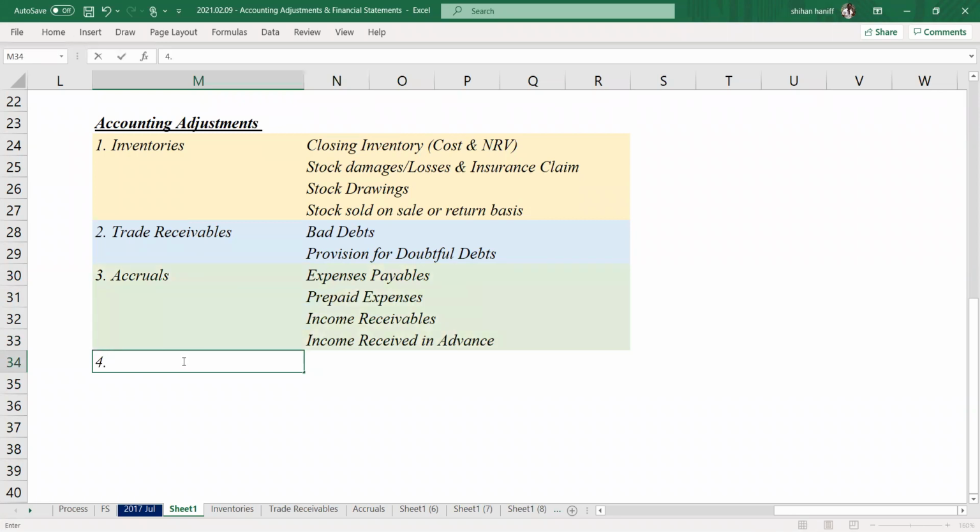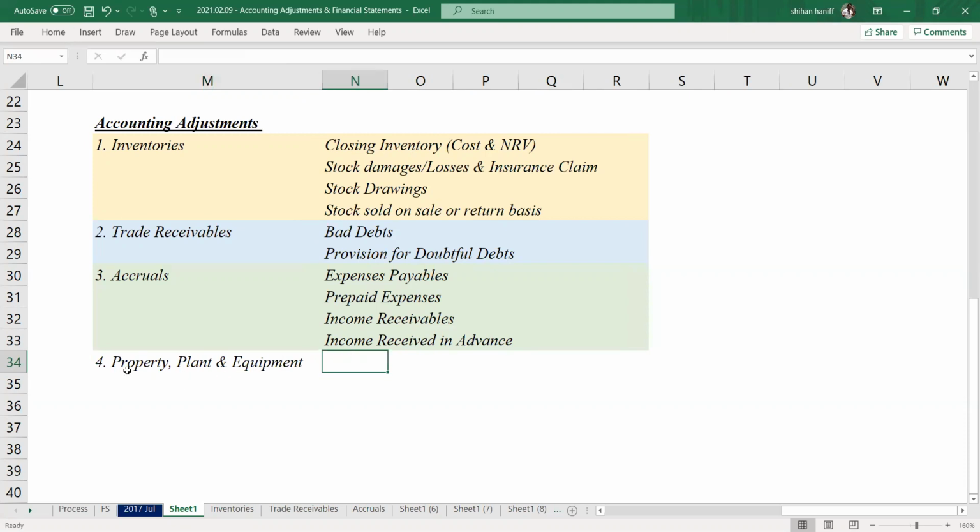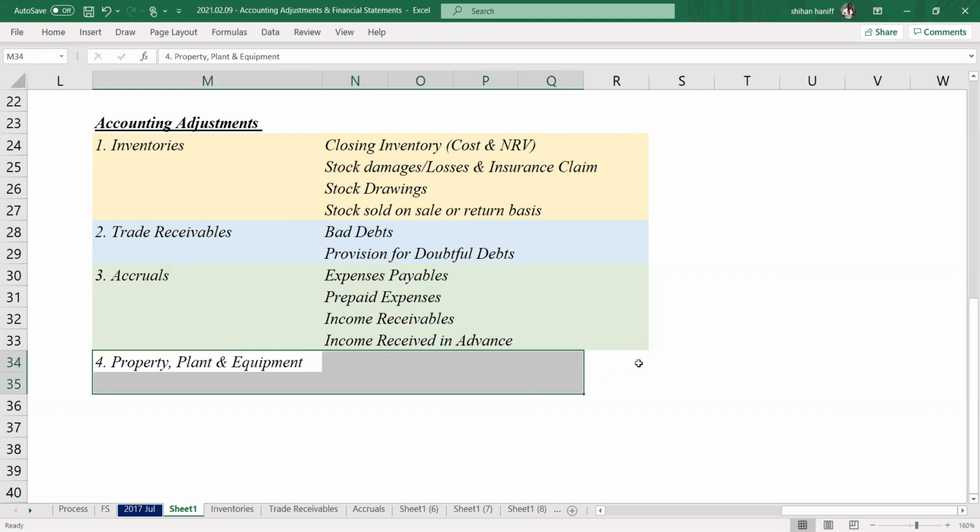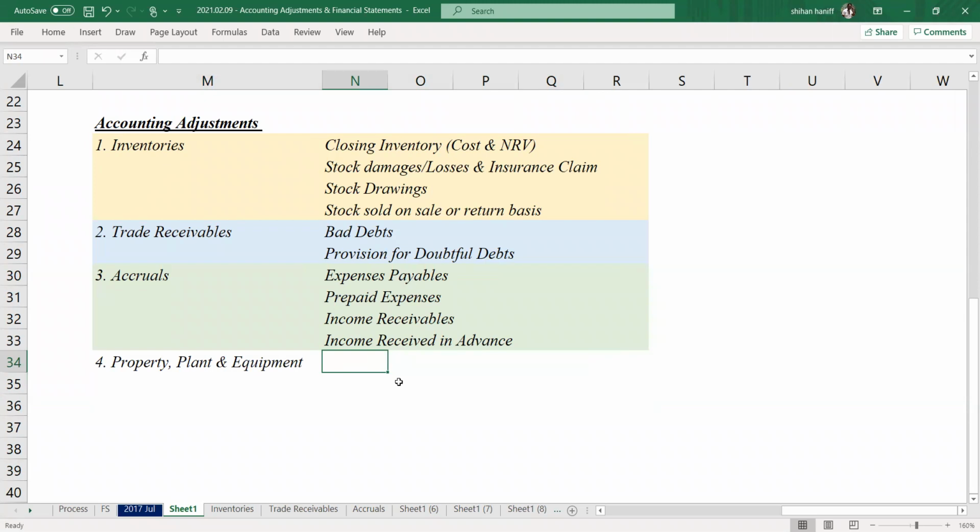Number four, adjustments related to property, plant and equipment, PPE. Property, plant and equipment is also one of the key adjustments.